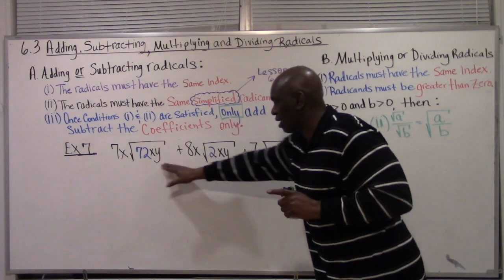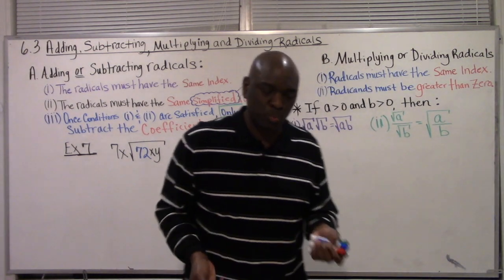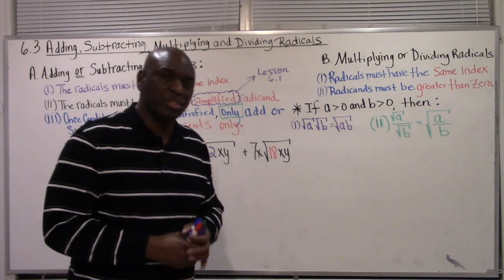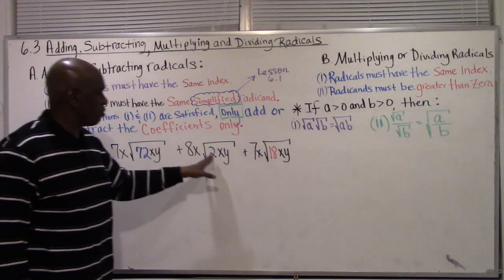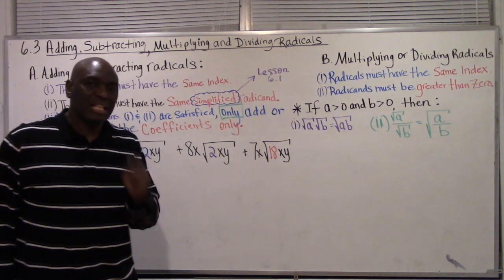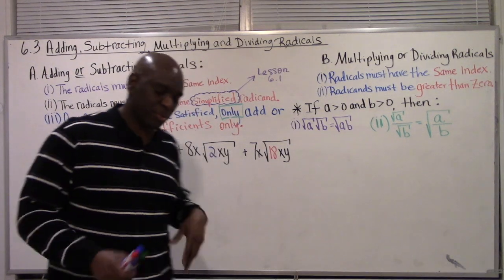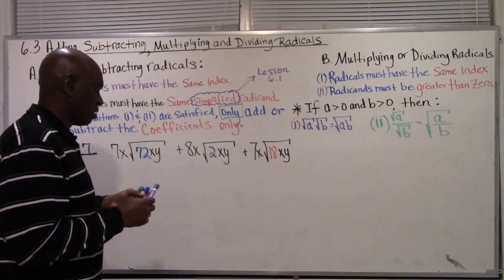The x and the y are common to all of them. So all we need to do is break down those different colored numbers up here. Let's look at 72, 2, and 18. Let's just take those numbers to the shop and work on those numbers.